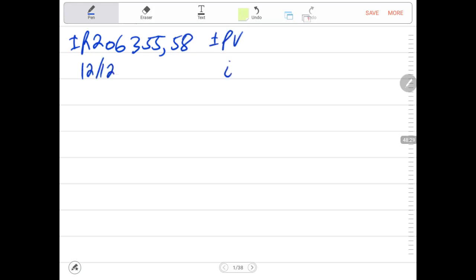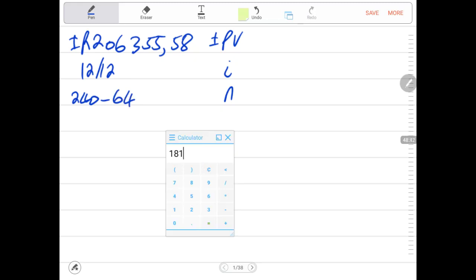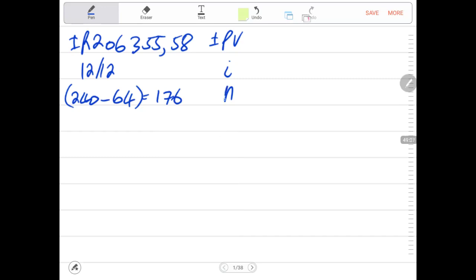Interest, remember, is still at 12%, and our N will be 240 minus, if you want, you can say 191 minus 15 or 240 minus 64. Just verify that. 240 minus 64 will be 176, or as in the new period at 12%, the remaining period was 191. And we know that 15 payments are made, then it will give us 176. So either way, you still get to the same amount.